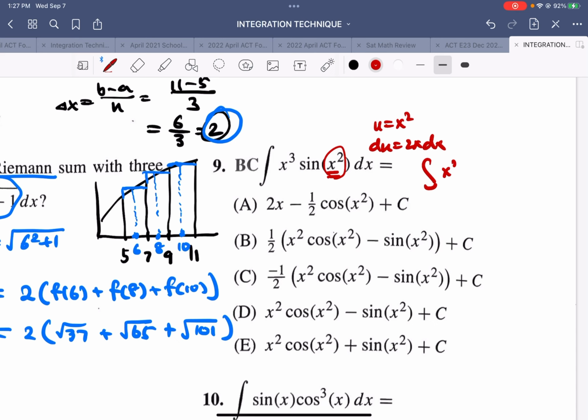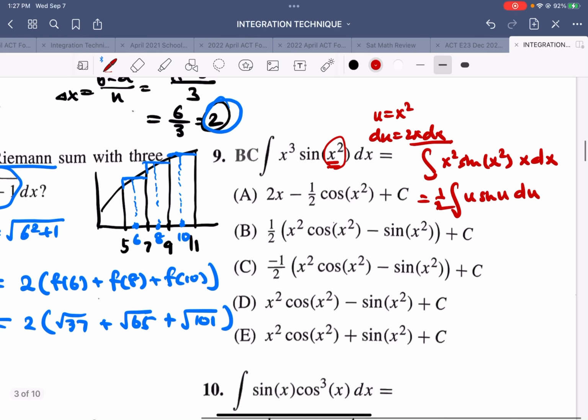I'm gonna split it: x squared, sine x squared, and then x dx. The reason why I split it is because x dx will be 1/2 du. So this one will be x squared as a u, and then sine u, and then x dx is 1/2 du. Okay.